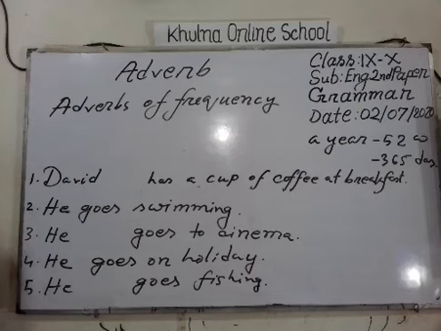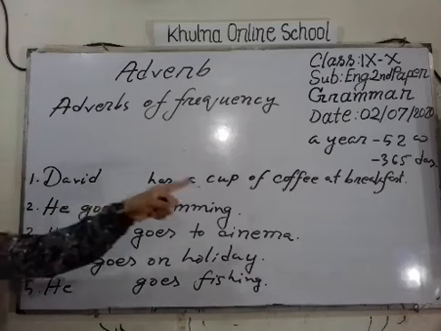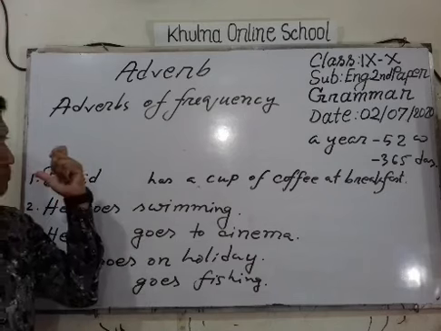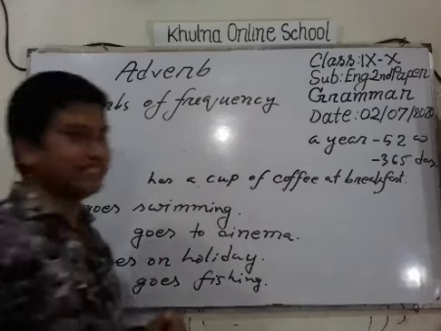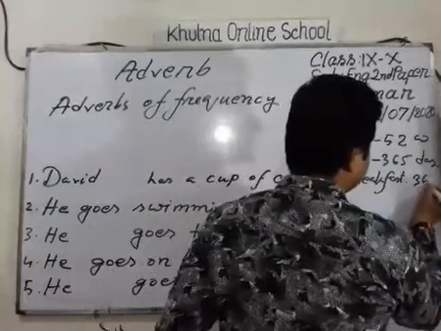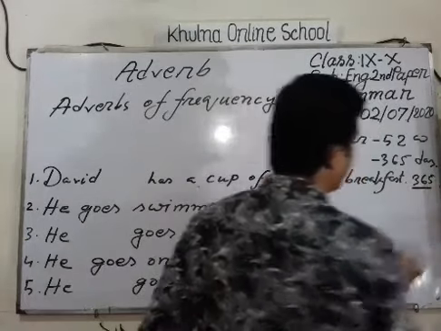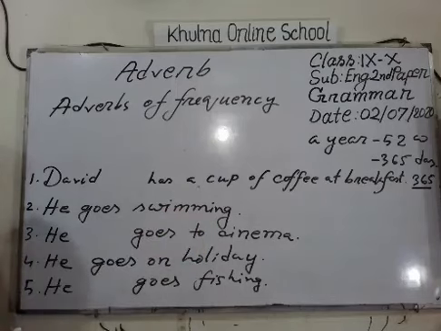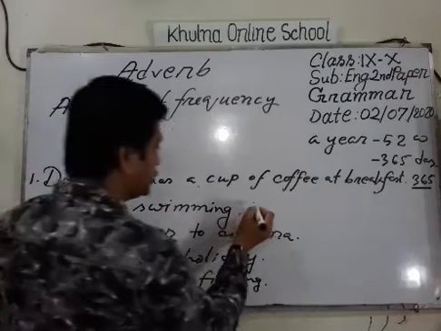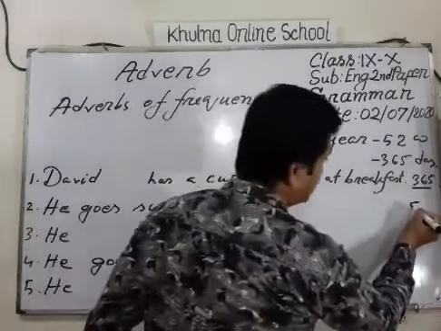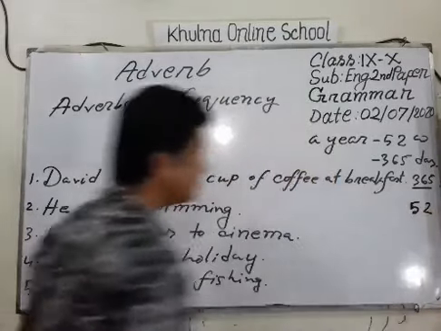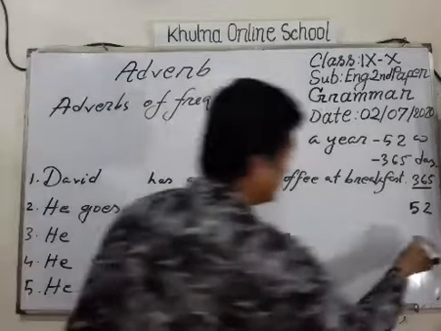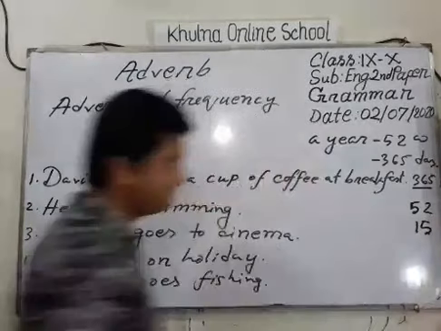Dear students, every morning he has breakfast. That means how many days? 365 days, the whole year. He goes swimming 52 days. And he goes to the cinema 15 days.